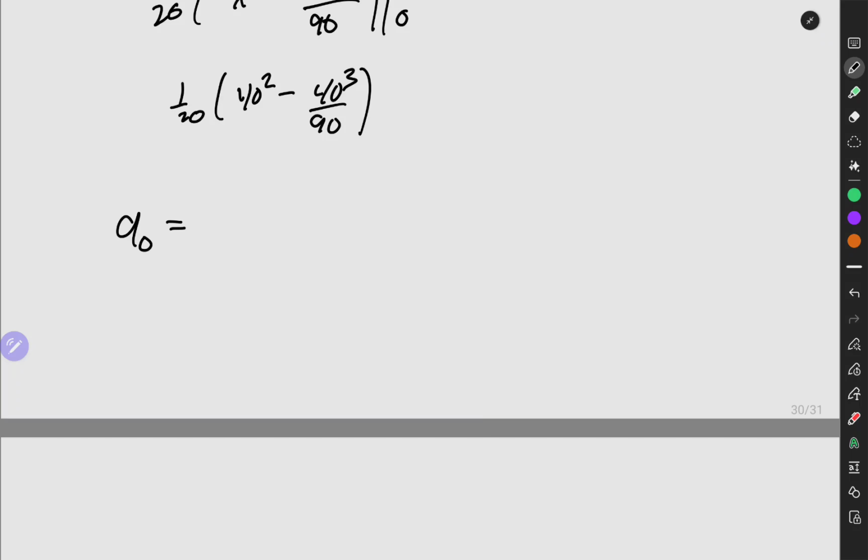So 40 squared, might as well divide by 20 while I'm at it. 1600 divided by 20 is 80. Minus 40 cubed divided by 90. Oh, did not put that in right. 40 cubed divided by 90, all of that divided by 20, which is 320 over 9.